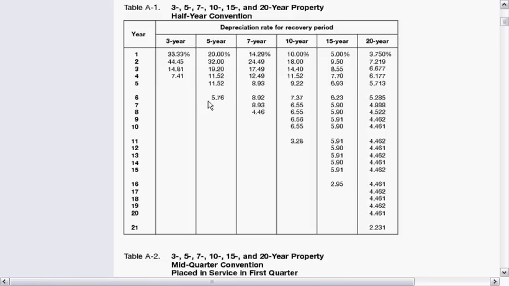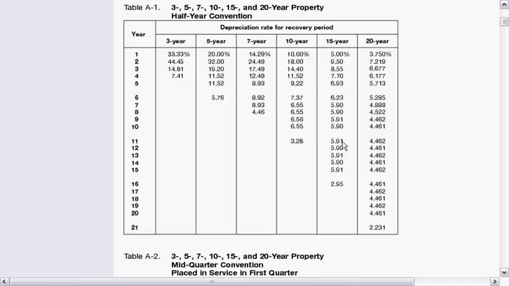And you also have this final year over here, which is also a half a year. So if you're looking at a 5-year asset, you see it actually depreciates over 6 years because you have half a year here, full year, full year, full year, full year, and then there's the other half a year. So the asset lasts 5 years, but it's spread out over 6 years. And that's true for all these down here. The 3-year asset depreciates over 4, the 7-year asset depreciates over 8, and so on down the line.